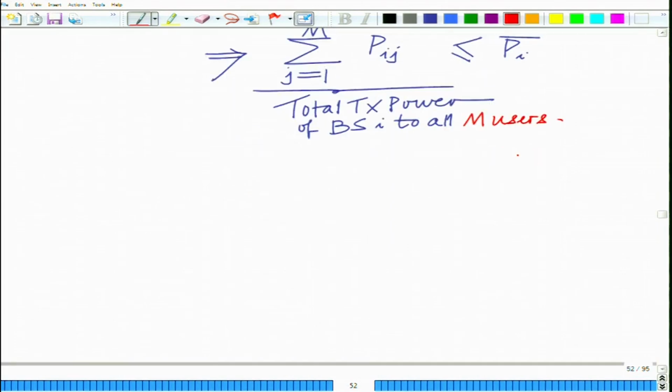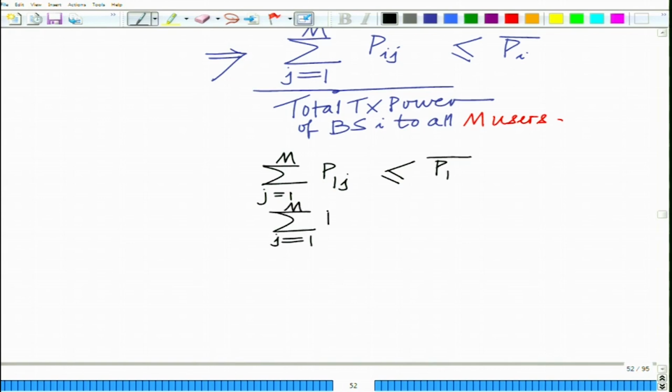So you can write one constraint for each base station. You will have the summation over j equal to 1 to M of P 1 j, the total transmit power of base station 1 to all users, less than or equal to P 1 bar. The summation over j equal to 1 to M of P 2 j, the total transmit power of base station 2 to all users, less than or equal to P 2 bar.